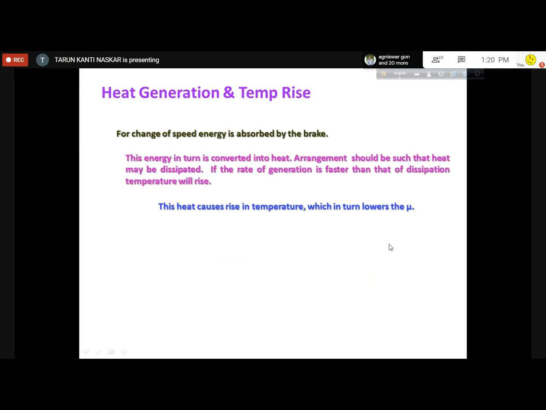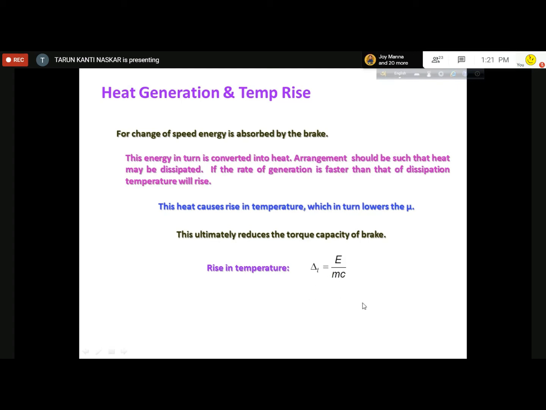If mu is lowered, then P1 by P2 will be lowered. That means P1 minus P2, which is the braking effort, will be lowered, and it ultimately reduces the torque capacity of the brake.